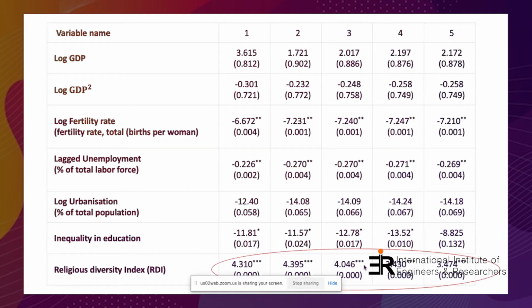So in countries where there is a combination of religions, not just, for example, Islam as the dominant religion, then we are expecting female labor force participation to be higher in these countries by around 4 point something units, compared to countries that have low religious diversity. So this result is very important, and it's very interesting.